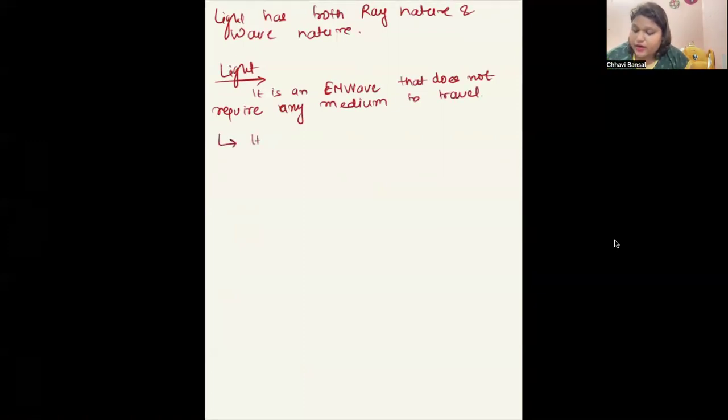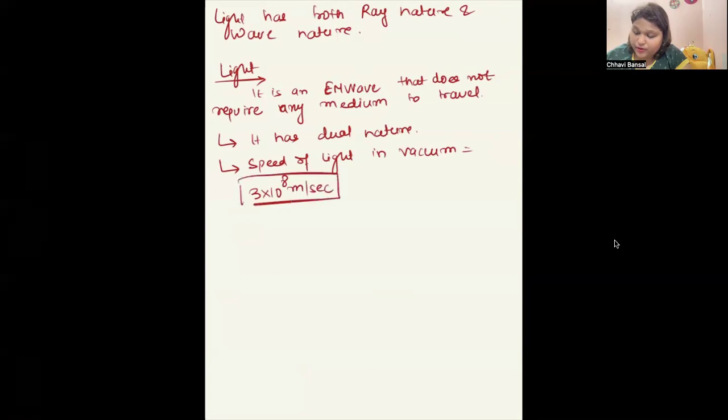Second, it has dual nature, means it can be a ray nature also, it can be a wave nature also. Speed of light in vacuum is equal to 3 into 10 raised to power 8 meter per second. This is important. Okay, this is in vacuum. The speed of light will change according to the medium, but this is the speed of light in vacuum where there is no medium present.